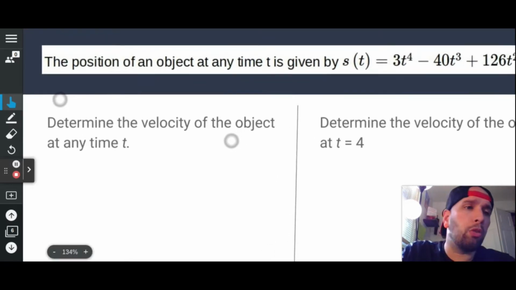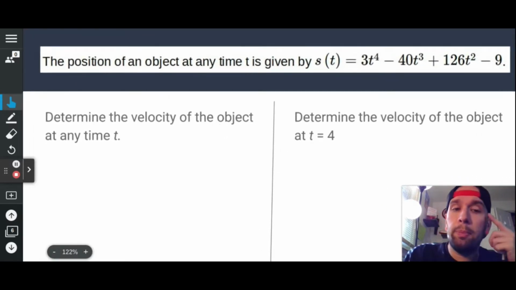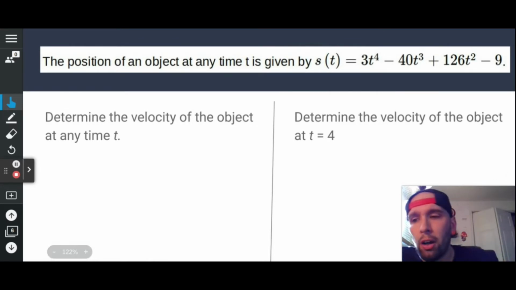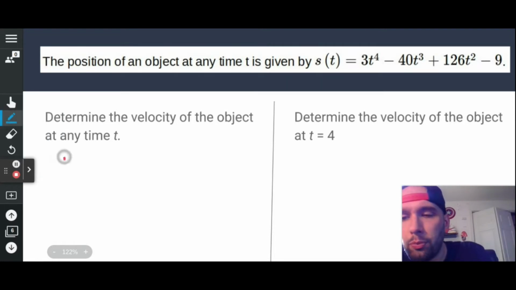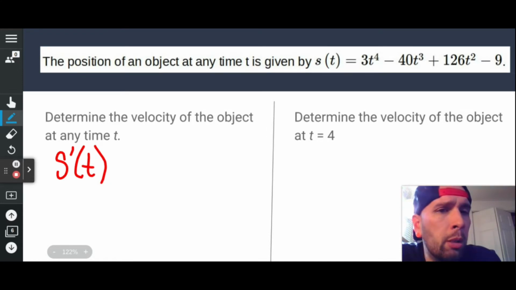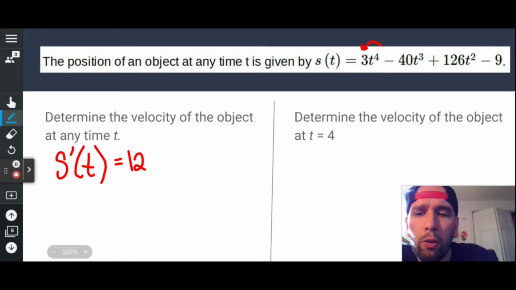So I'm going to blow it up just a little bit. I'm going to take the derivative of that s of t function. So f prime of t is going to be me bringing that down and multiplying it to 3, 12, and then subtracting 1, so 12t to the third.